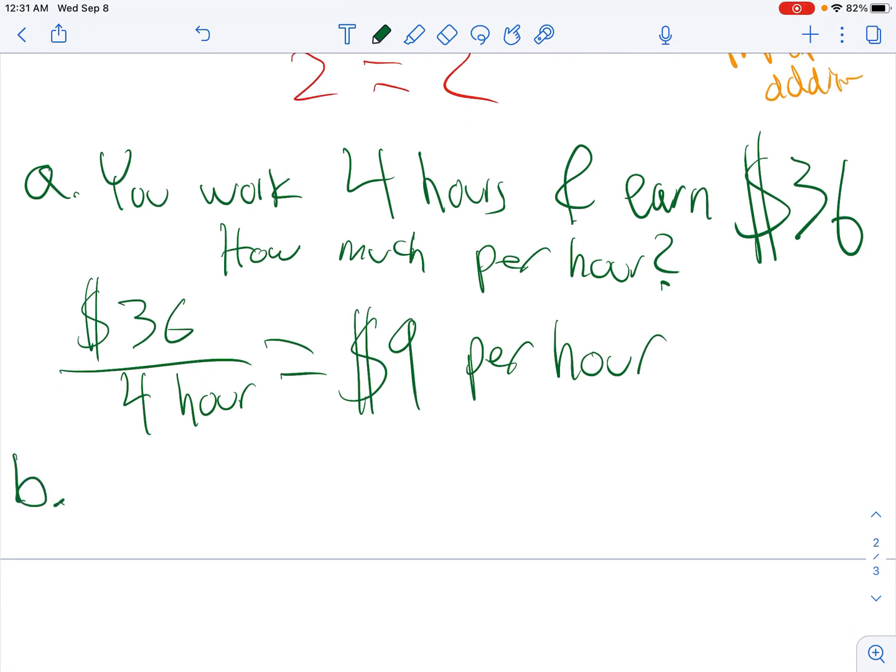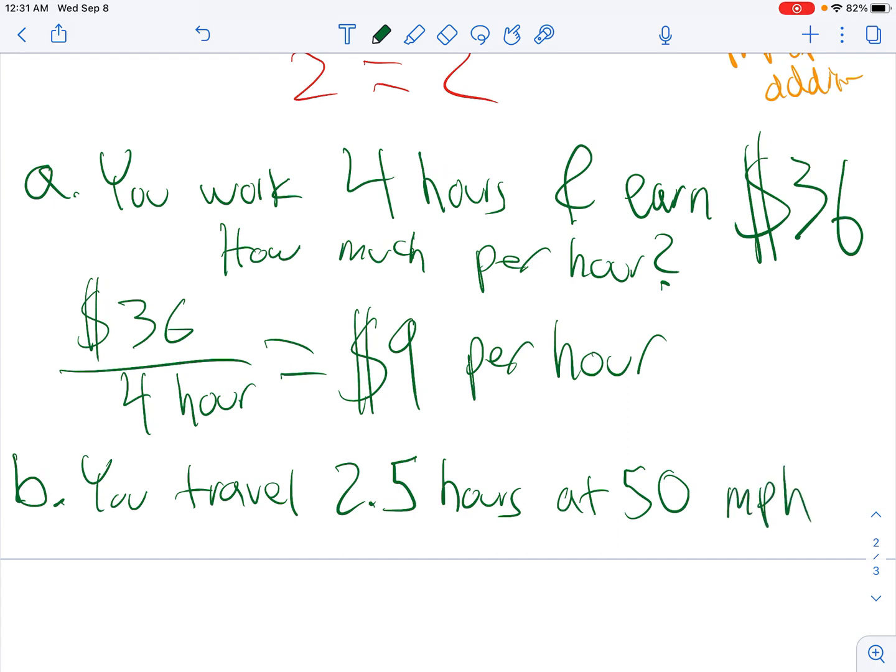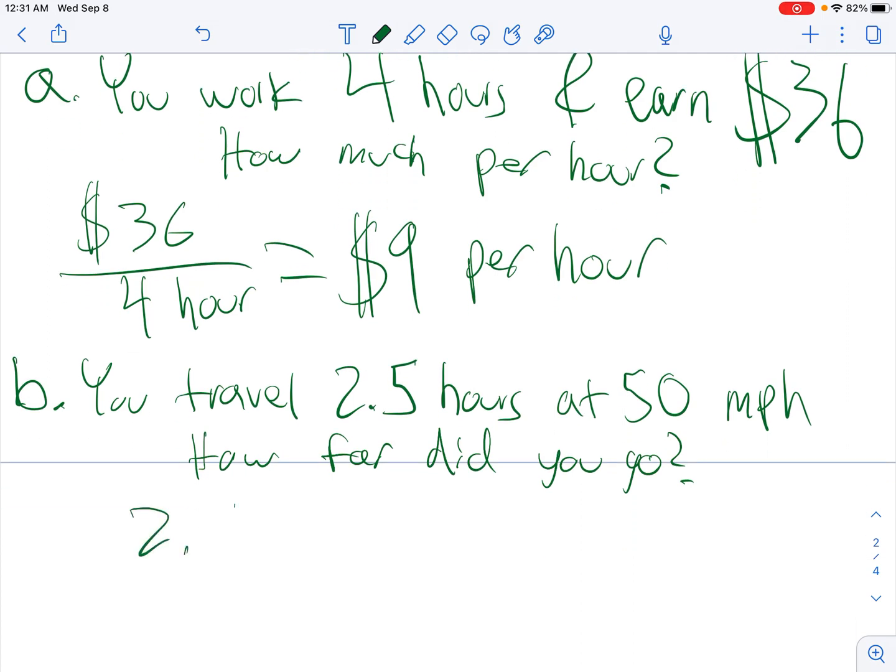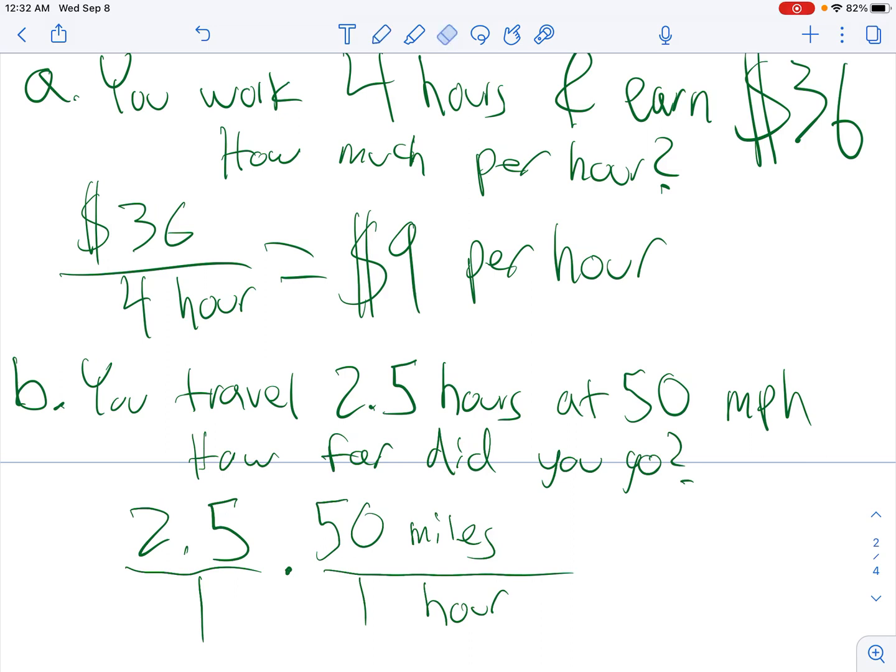Let's do one more example. So again, kind of similar. You travel 2.5 hours at 50 miles per hour. How far did you go? Well, if I know that I traveled for 2.5 hours, I'm going to put this over 1 because I need a denominator, but I know that I traveled 50 miles in 1 hour.